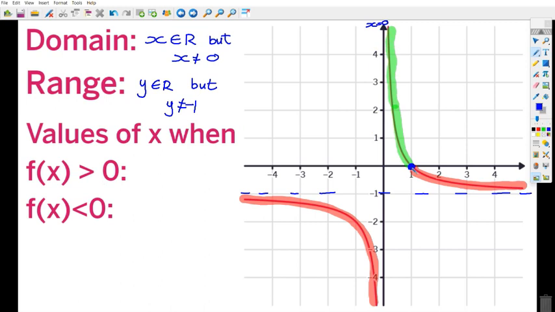There's my dot. To the left of this dot, can you see that my graph is above the x-axis? It's above. But as soon as I get to this point over here, at x is equal to 0, is my graph touching that point?